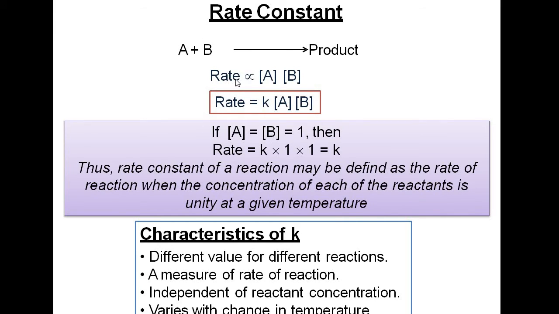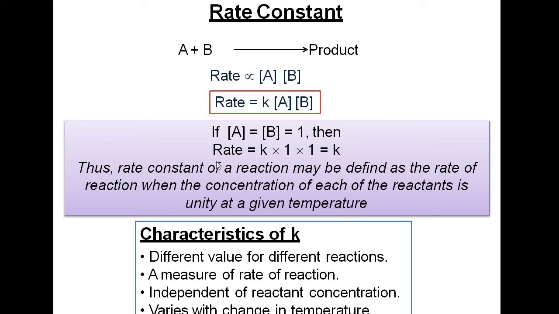Then according to the rate equation, the rate is directly proportional to concentration of A into concentration of B. On removing the sign of proportionality, we have rate equal to K into concentration of A and concentration of B. If concentration of A equals concentration of B equals 1, then rate is equal to K into 1 into 1, equal to K. It means rate constant is equal to rate of reaction if the concentrations of the reactants are unity.